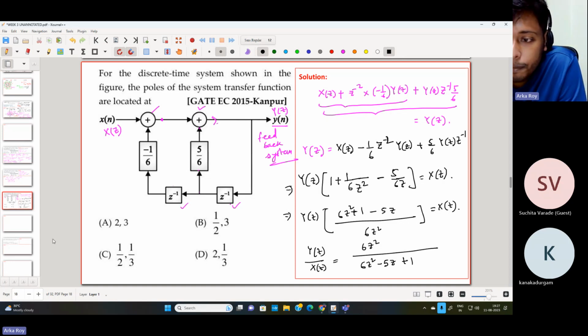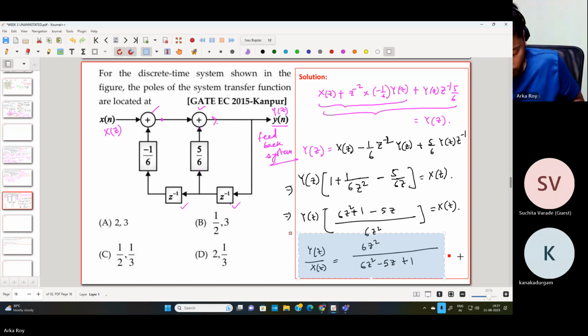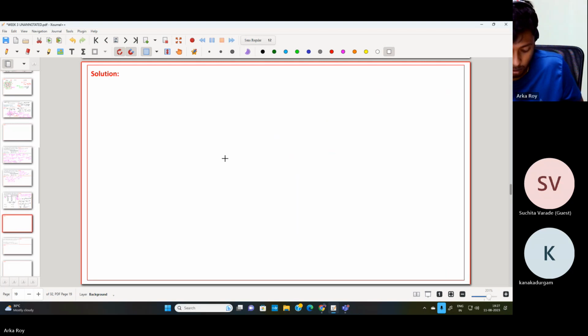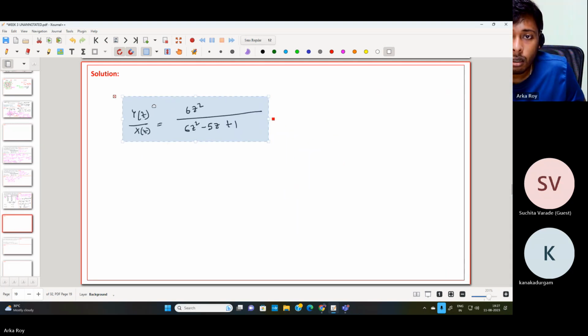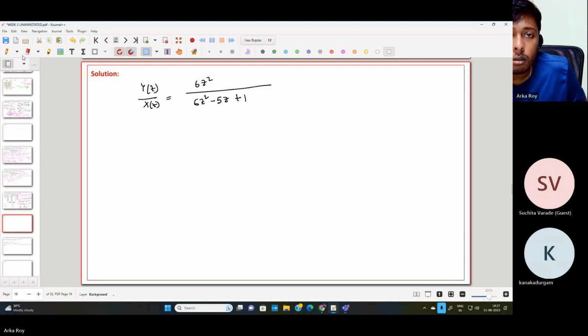Let me just copy this into the next page. So this is effectively the transfer function.